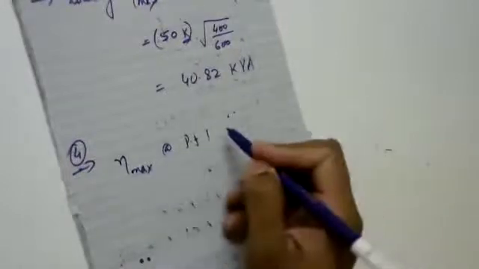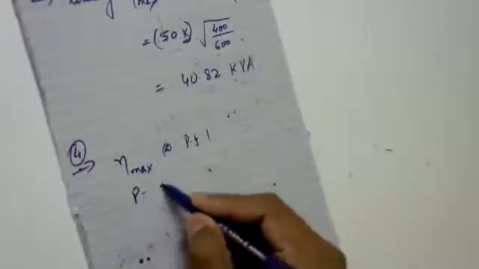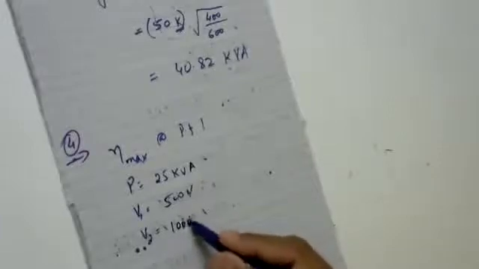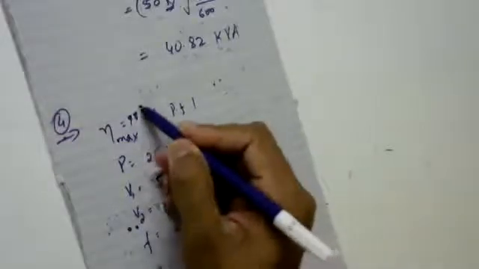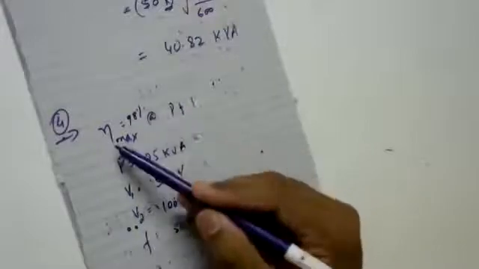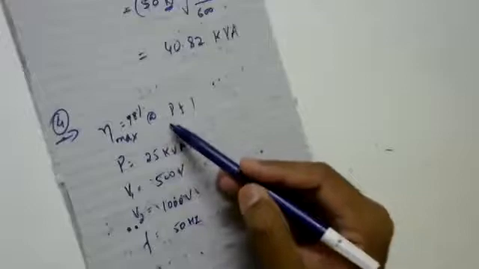So at this condition, a single phase transformer with the power rating of 25 kVA, V1 is 500 volts. What about V2? V2 is 1000 volts. Frequency is 50 hertz. The efficiency here is 98%.